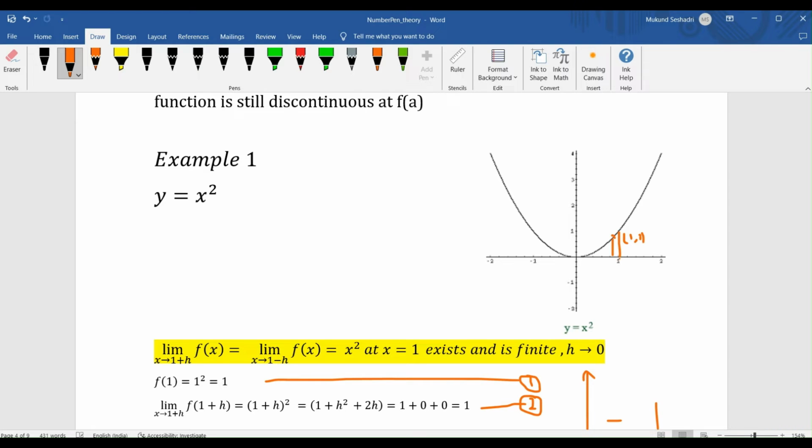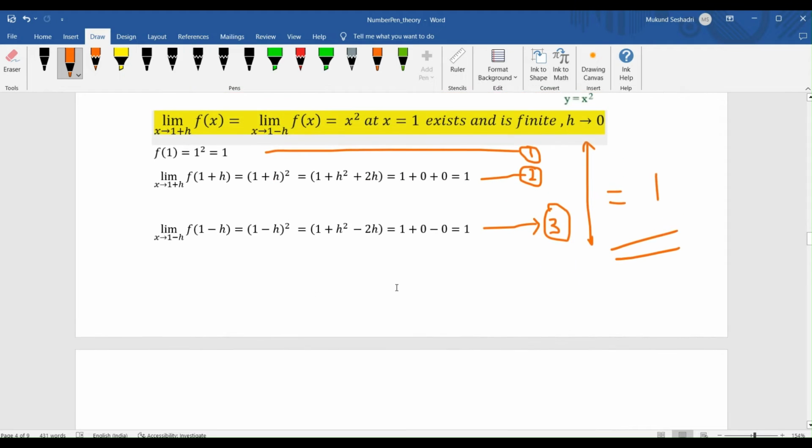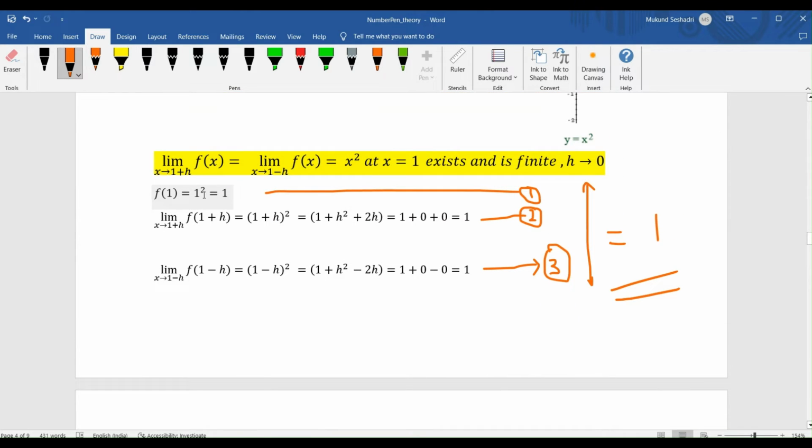they also tend to the value at x equals 1, which means my left hand limit is equal to my right hand limit is equal to my value at x equals 1. Now, as I said earlier, it'll be interesting to see what it turns out at 0.